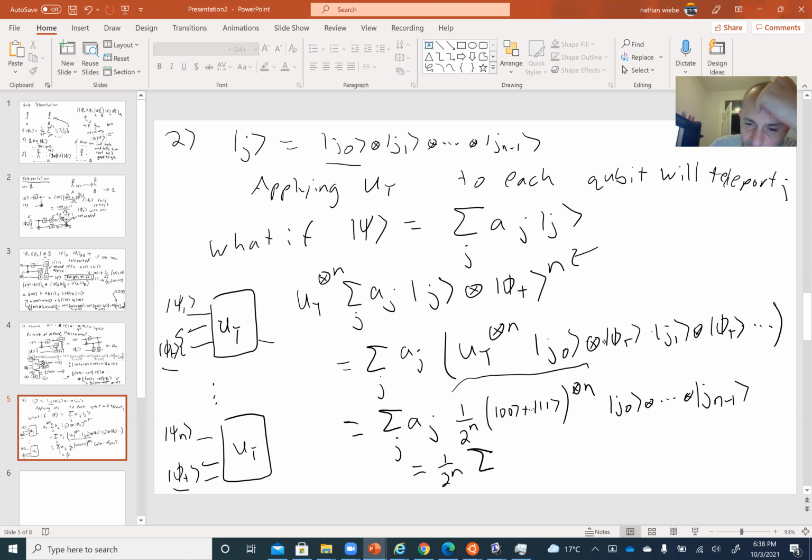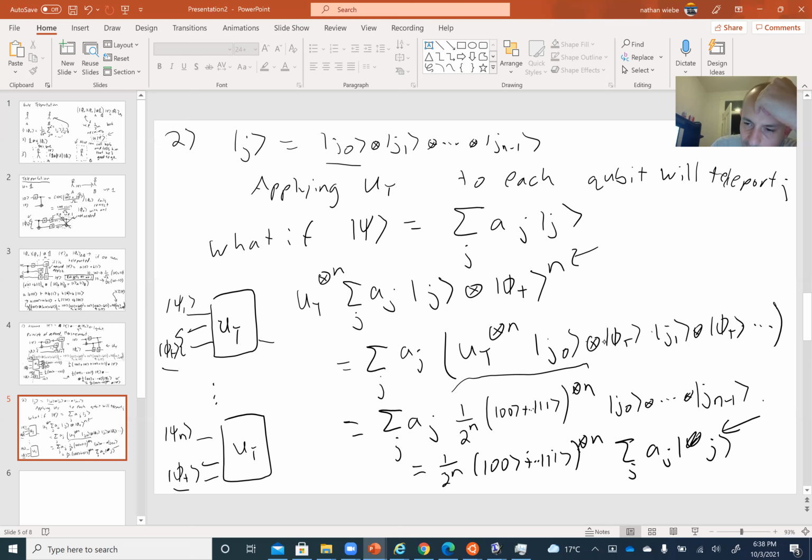So this is the sum over j, a_j, j, which is, of course, no, actually, I need to keep that in here, plus |1⟩|1⟩ tensor n, sum over j, a_j, a_jj.